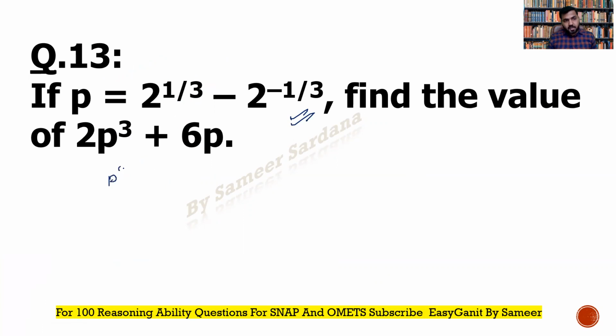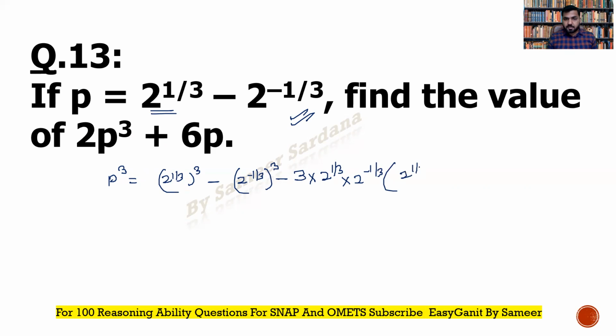If I take the cube on both sides, you see that P cube will be equal to a cube minus b cube minus 3 times a into b into a minus b, right?